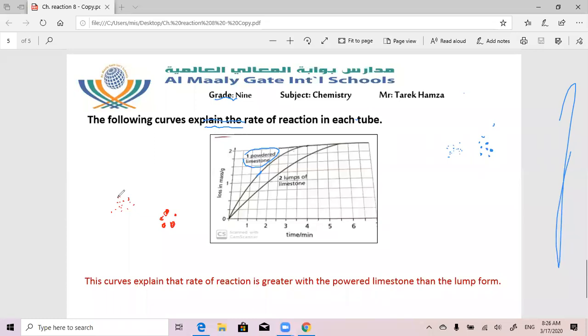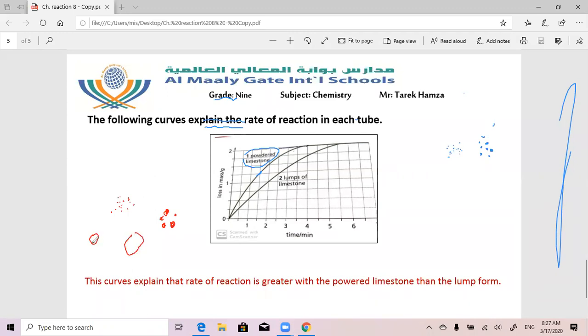Let me take another example. Suppose I have the same amount of erasers: 1 kilo of erasers in small particles and 1 kilo of erasers in large particles.